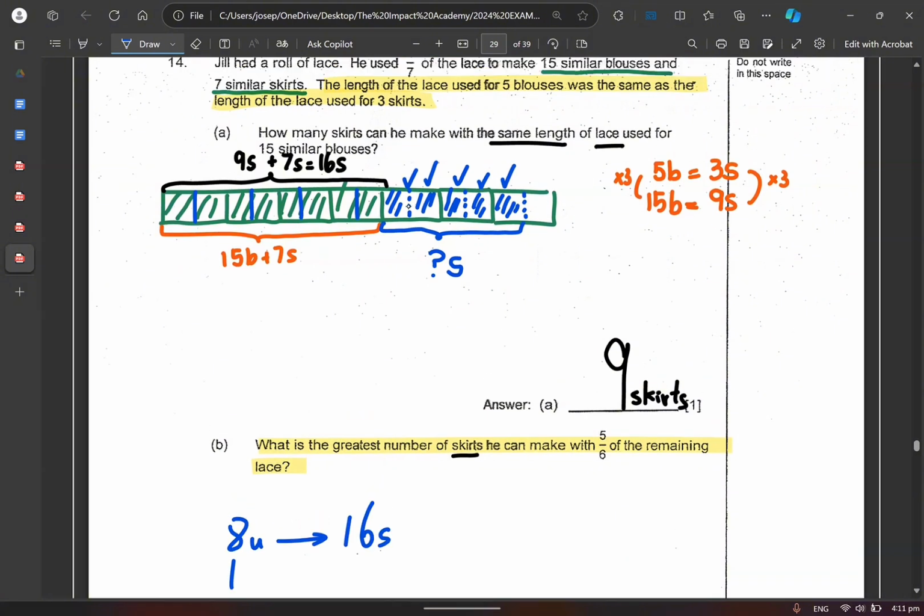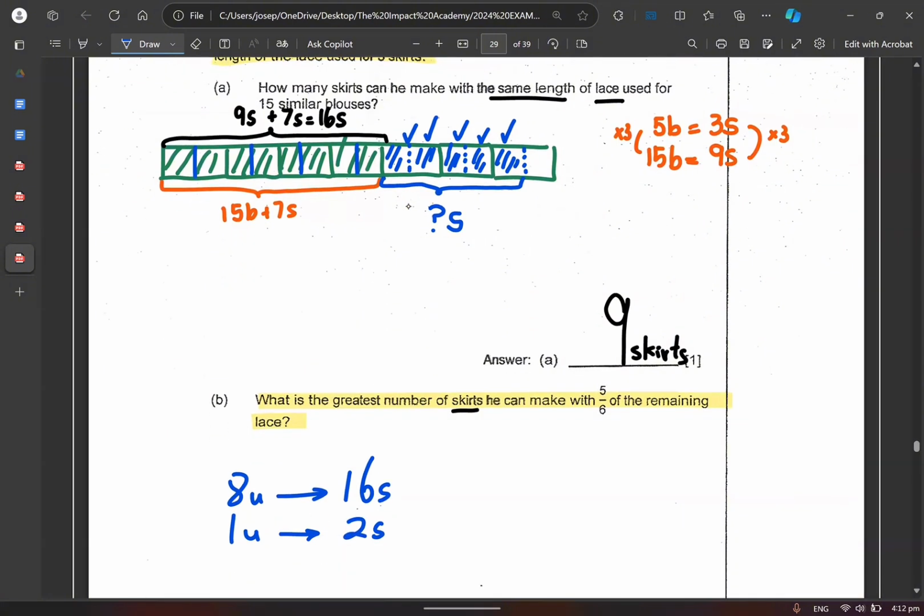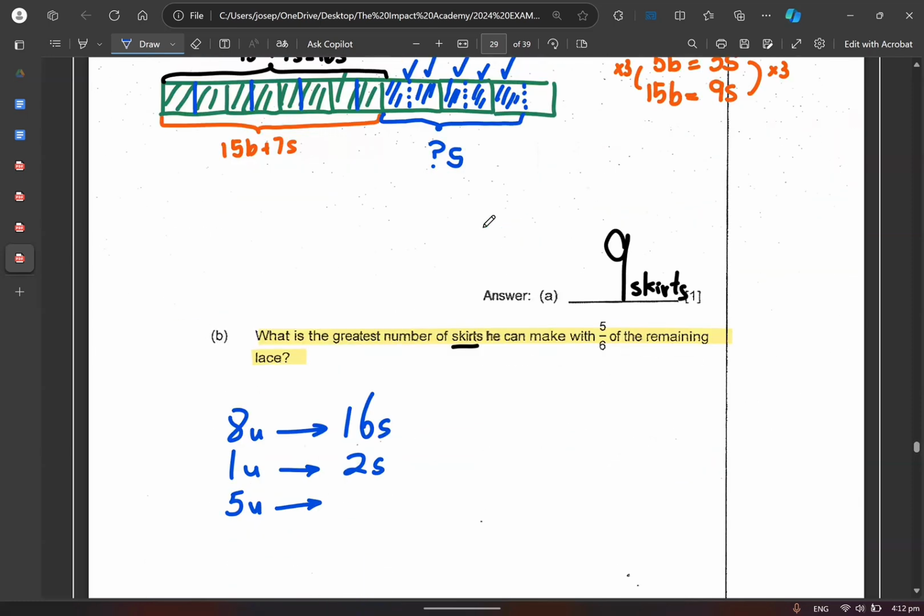Correct or not? 1 unit is actually equals to how many skirt? What is the greatest number of skirt he can make with the remaining? So over here, you can see 1, 2, 3, 4, 5. 5 units. Agree or disagree? So that is the reason why you get to an answer of 10 skirt. And this is your answer for this question.